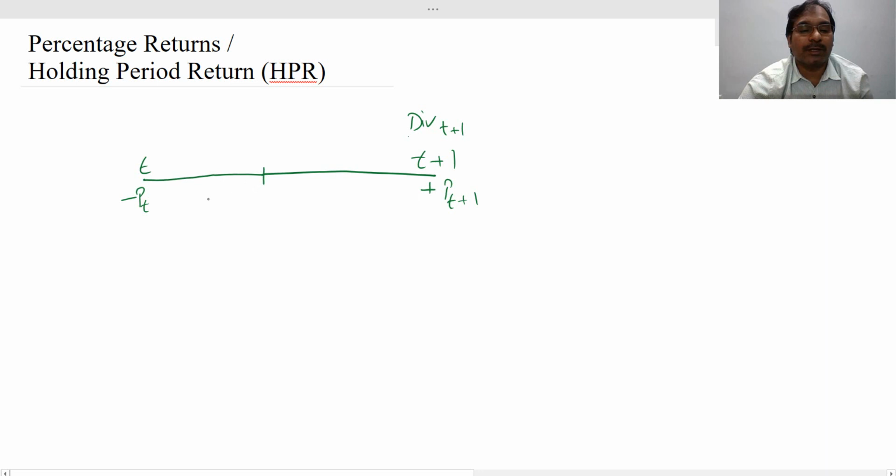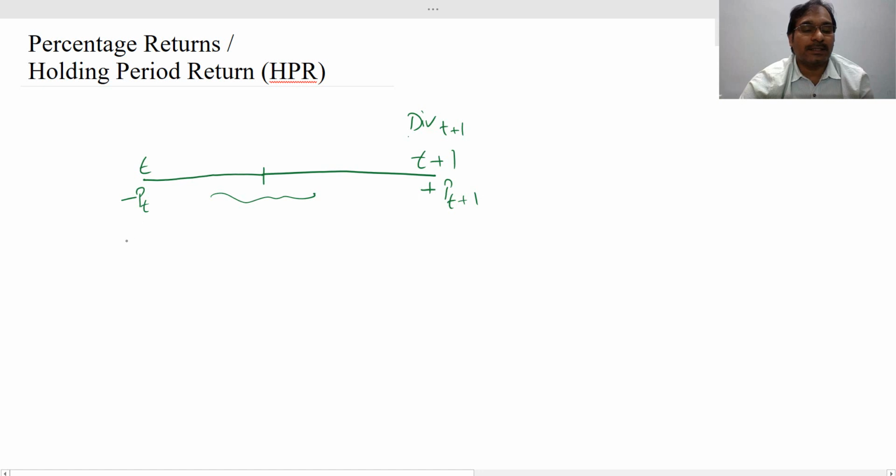It may be 1 day, 1 week, 1 month or a year. So in a holding period return, you are going to know what is the percentage of return that you earned from this investment during this period.